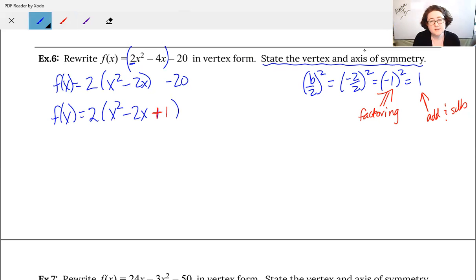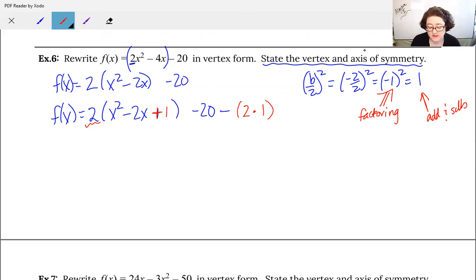Adding a 1 inside the parentheses, but the kicker is I've got this 2 out front. So when I'm trying to balance out my equation, subtract out what I added in, we're not really subtracting out just a 1. We are subtracting out a 2 times 1.